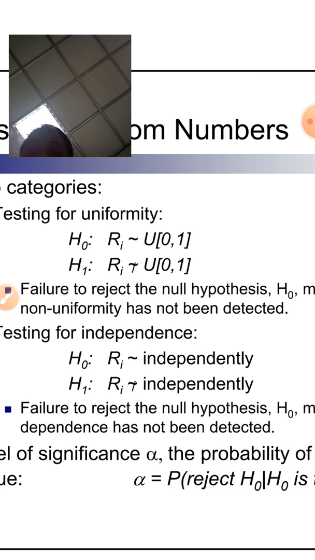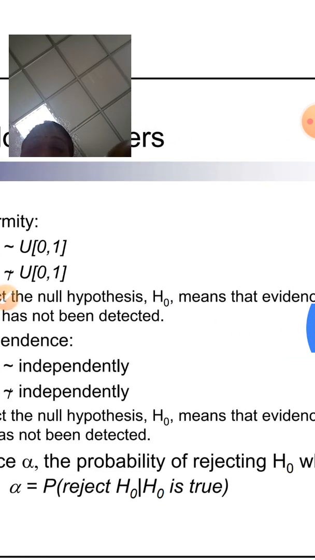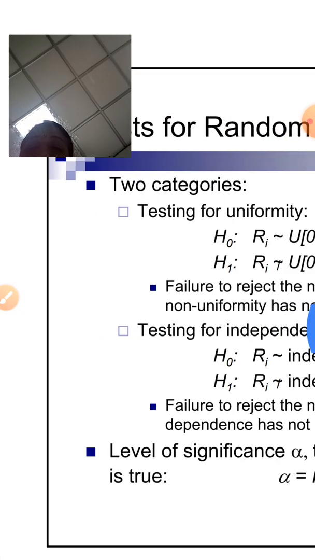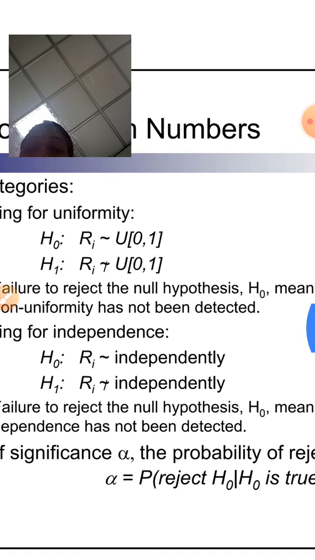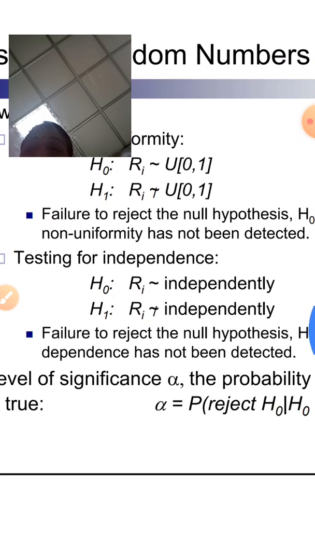We do say that it may have non-uniformity, but it has not been detected. So this is how we test the null hypothesis. That's what we say.